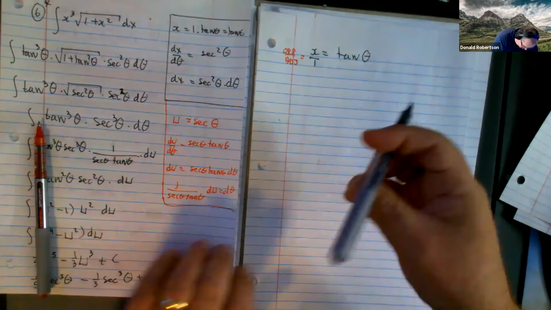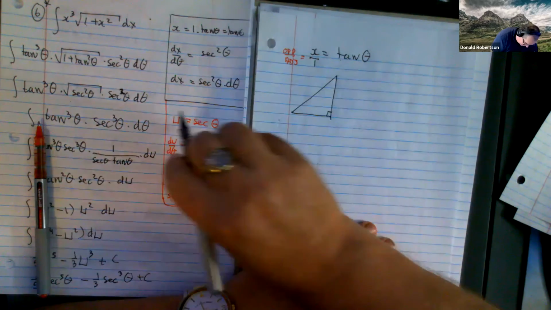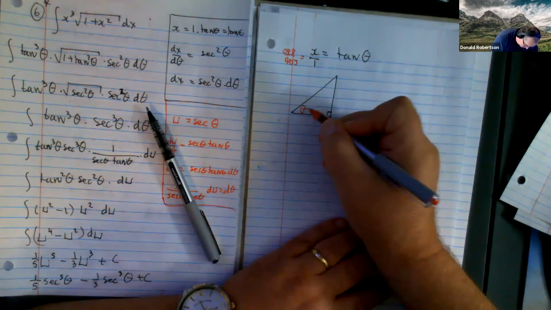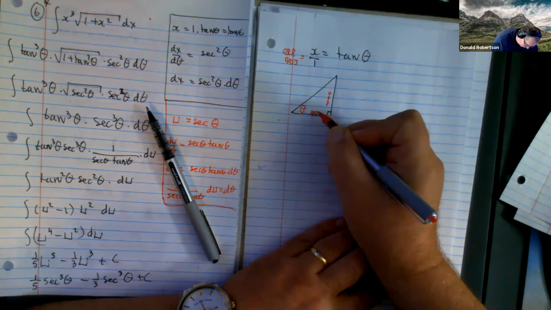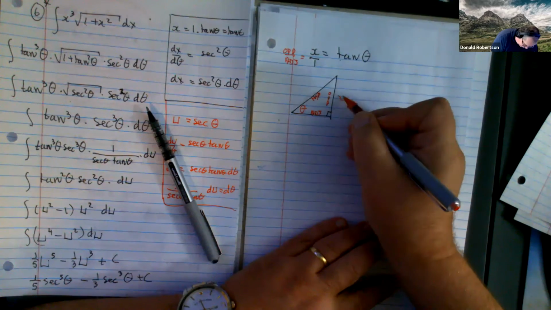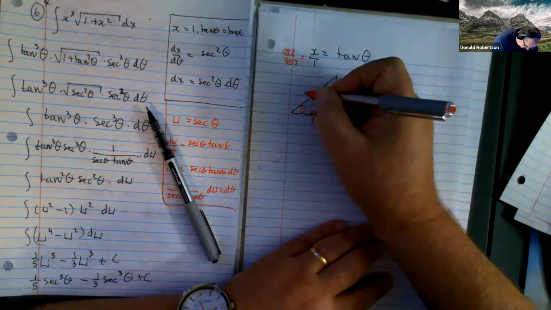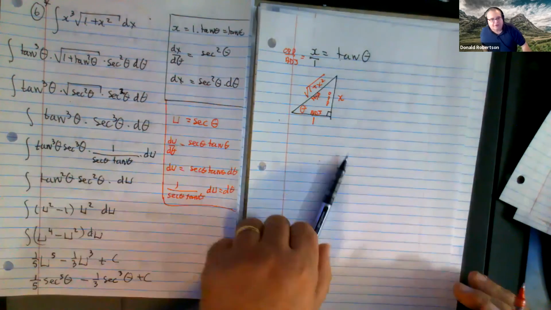And so I can build my triangle. There's my angle, my opposite, the adjacent, and the hypotenuse. The opposite is x, the adjacent is 1, and by Pythagoras, you get that guy, which is perfect.